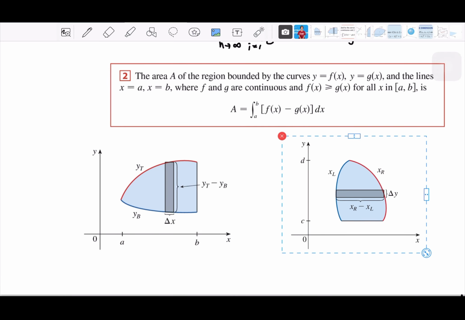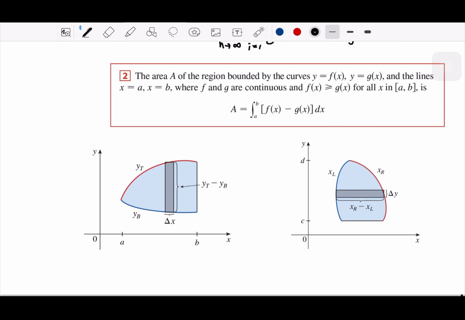So the integral is not always in dx, but sometimes we can also describe it in dy or delta y. So for delta x, we need to make sure we know our top curve and bottom curve, and y top minus y bottom multiplied by this delta x. And in integrals, it is probably y top minus y bottom dx.